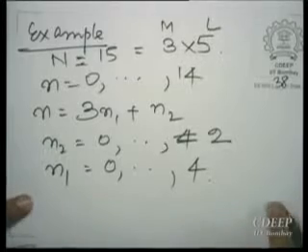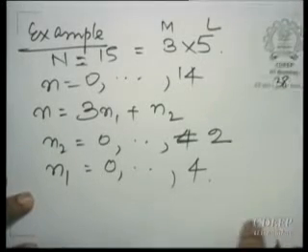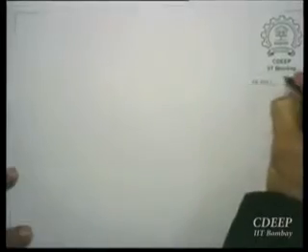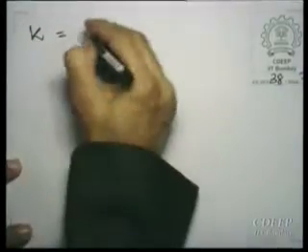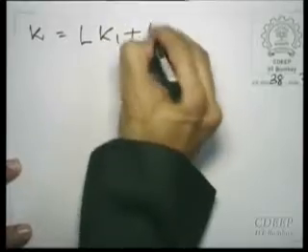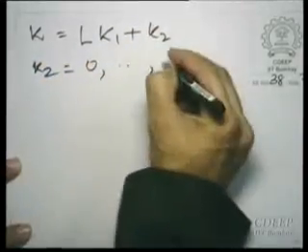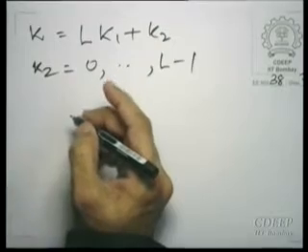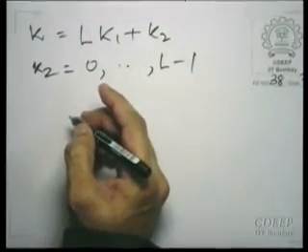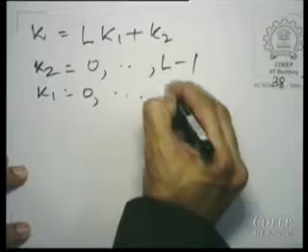Now in contrast, we decompose k not using M but using L. K is written as L times k1 plus k2, and of course k2 would naturally run from 0 to L minus 1 and k1 from 0 to M minus 1.